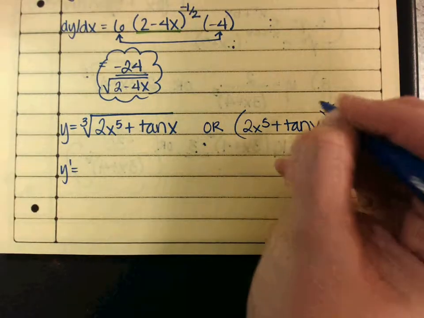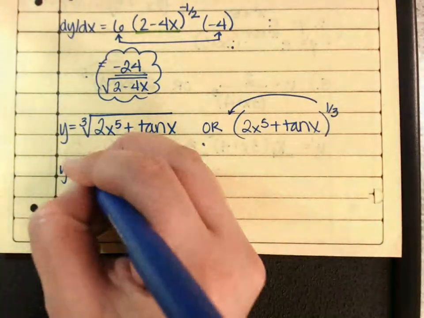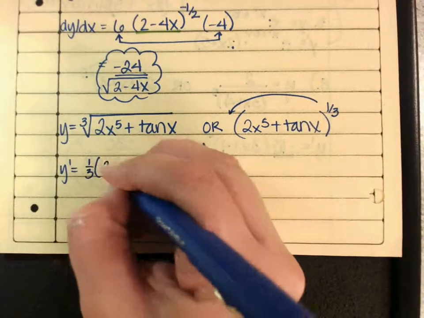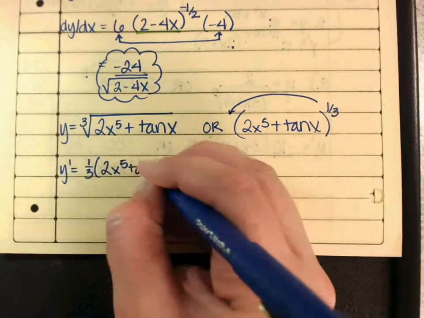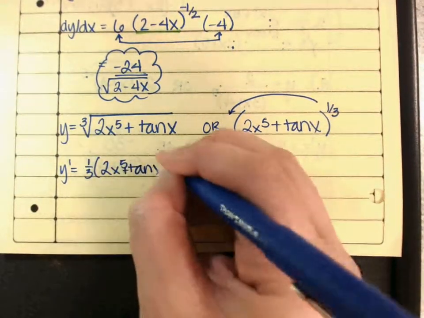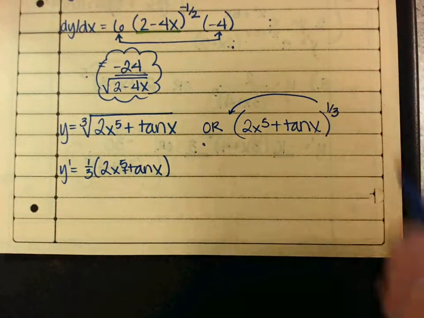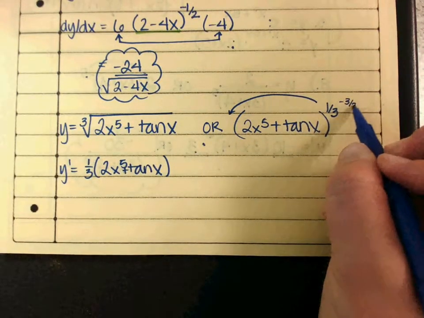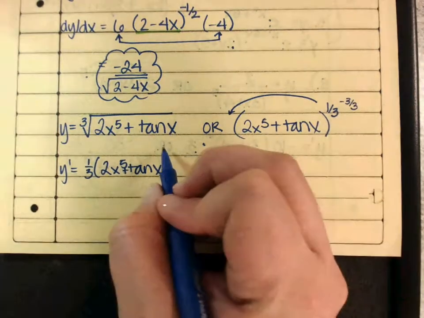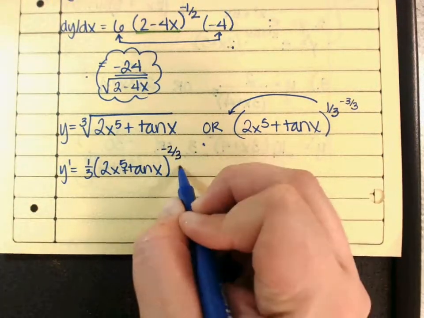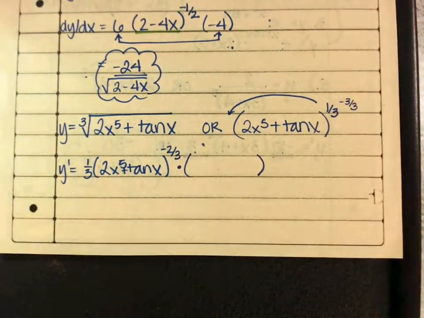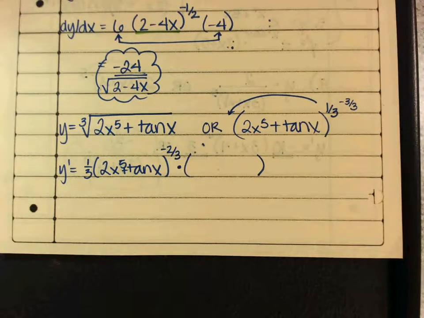My 1/3 moves down to the front, so it's 1/3. 2x to the 5 plus tan x used to be to the 1/3 power, but now I need to minus 3/3. Negative 2/3. Then I need to multiply by the derivative of the inside. What is 2x to the 5th's derivative?